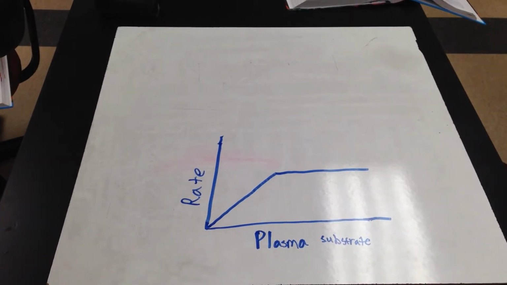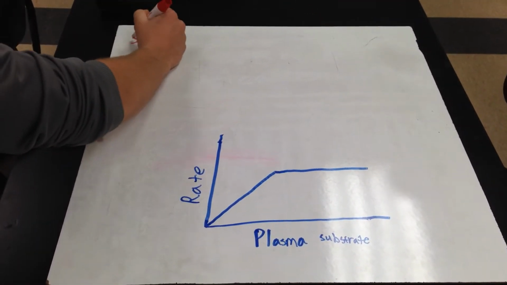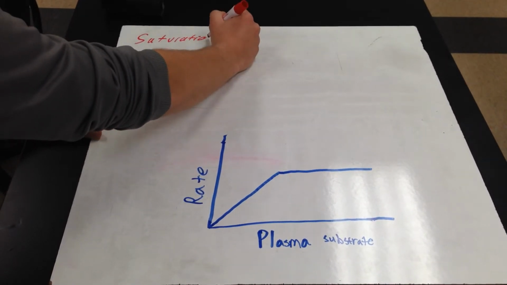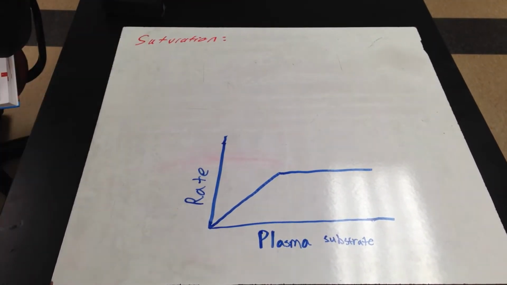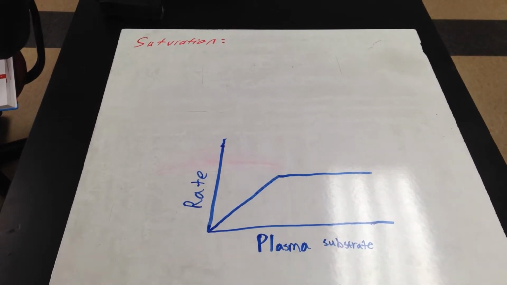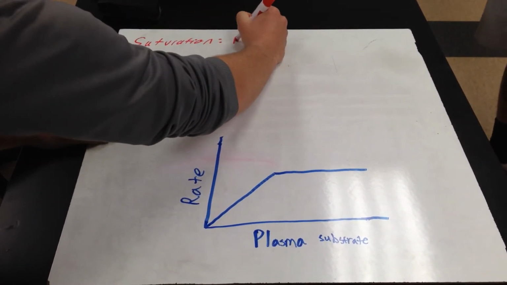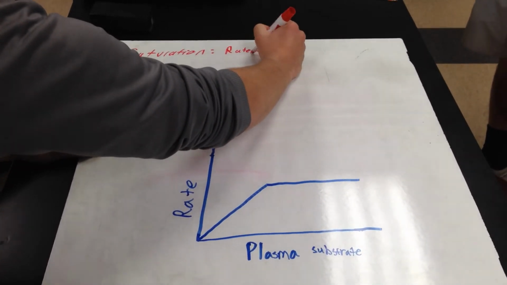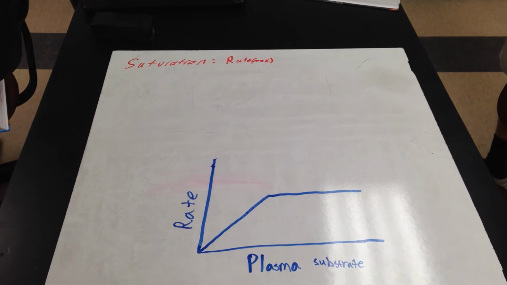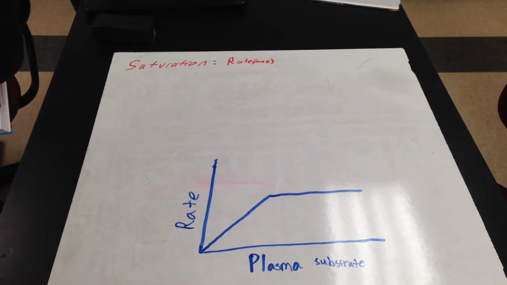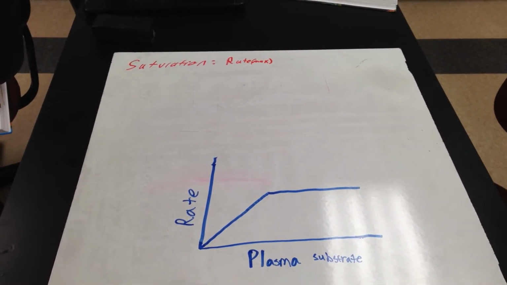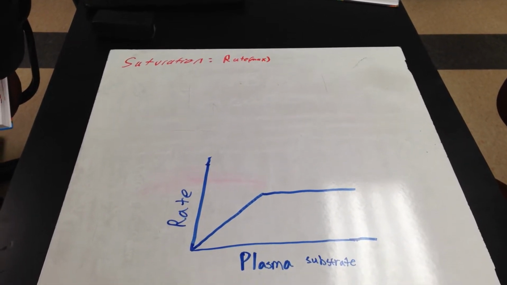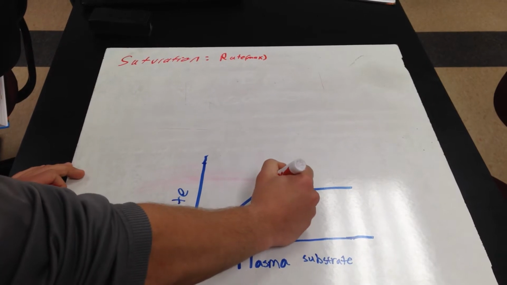We'll start with saturation, which simply refers to maximum rate of transport when all available carriers are occupied by substrate. So, on the graph where we would see that would be this point right here.